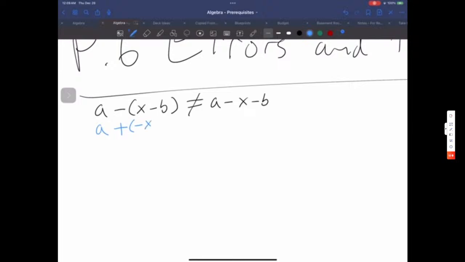Minus x, and then minus a minus b, right? And that turns into A minus x plus b. So that's what's going to throw people off, is that second minus sign turns into a plus sign when you distribute the first minus sign through that parenthetical quantity. Okay, so that's error number 1.